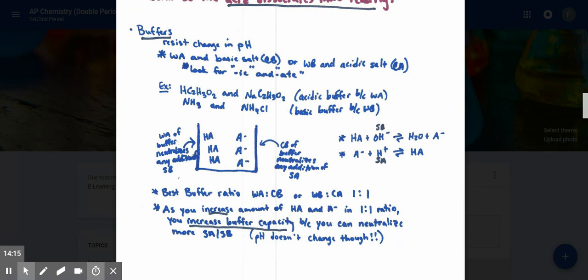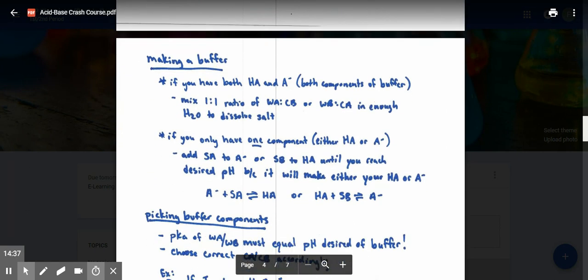As long as you maintain it in the 1-to-1 ratio, your pH does not change. The reason why is because if you look at the pH formula, your A- concentration is going up, but your HA concentration is also going up by the same amount, so therefore that ratio doesn't change. If that ratio doesn't change, then pH does not change.